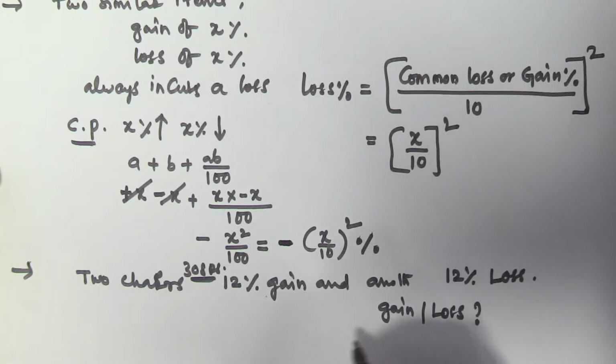We have to find the overall gain or loss percentage, and each chair is sold at 308 rupees. So one chair is sold at 12 percentage gain and another chair at 12 percentage loss, and we have to find the overall gain or loss percentage of the seller.